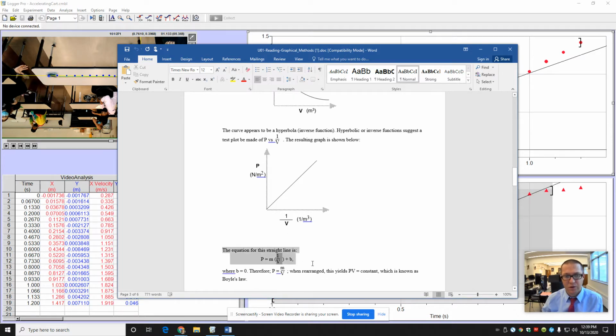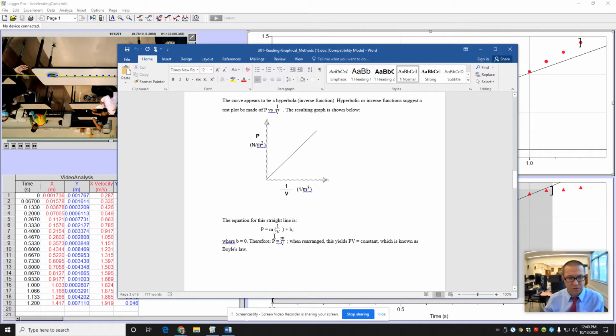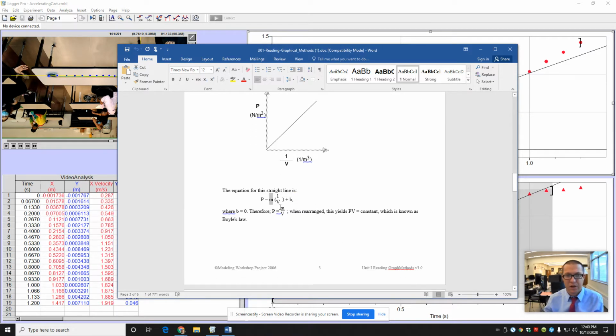And then you write the equation of the line. P equals M times, and this is what's kind of weird, the variable on the x-axis is now 1 over V, 1 over the volume. And basically you can see the slope of the line ends up being M, which is something from thermodynamics, it turns out. But anyhow, if you multiply both sides by V, we just derived Boyle's law.